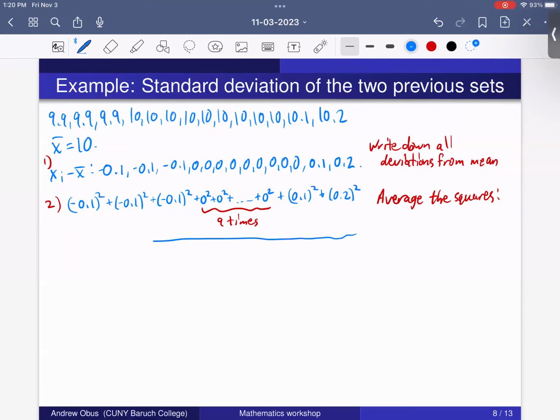All of this is divided by 14, because we're doing 14 measurements. What this turns out to be is 0.01, 0.01, 0.01, 0.01, and 0.04. So this turns out to be 0.08 divided by 14. This should be about 0.0057.